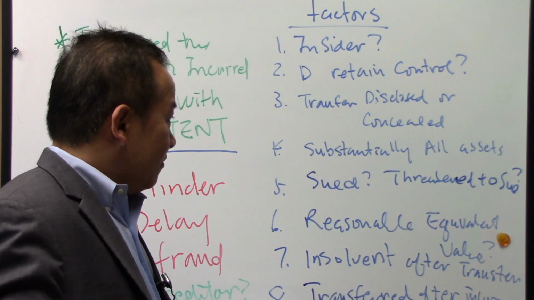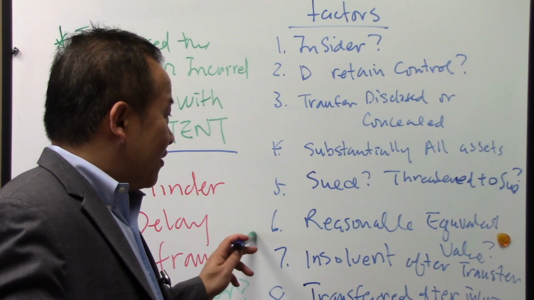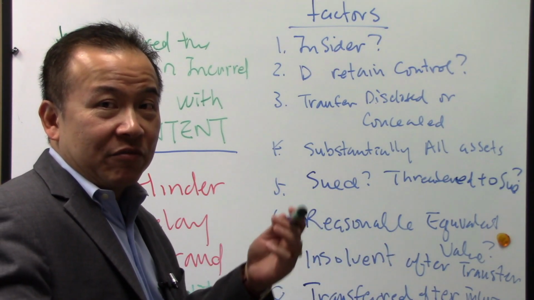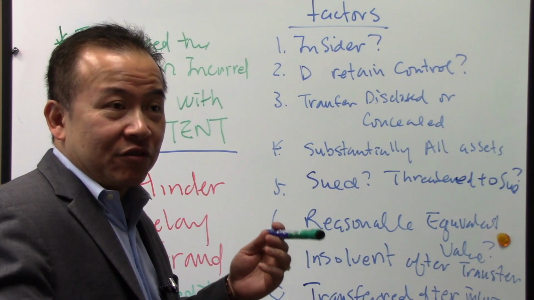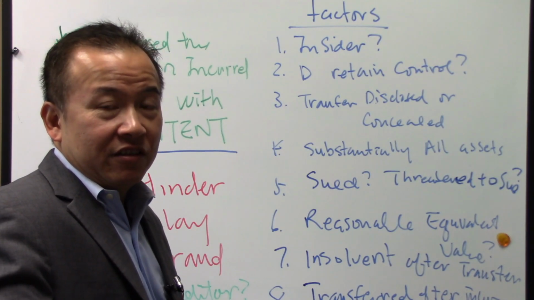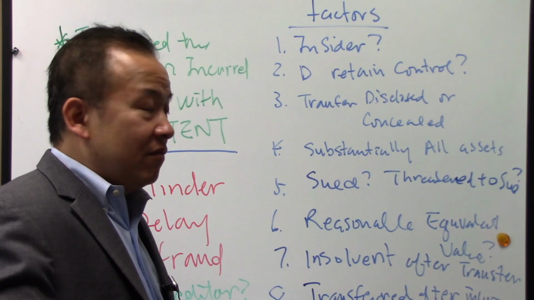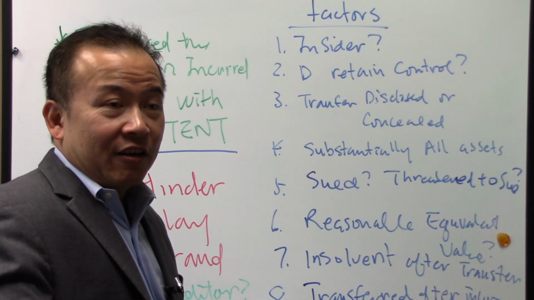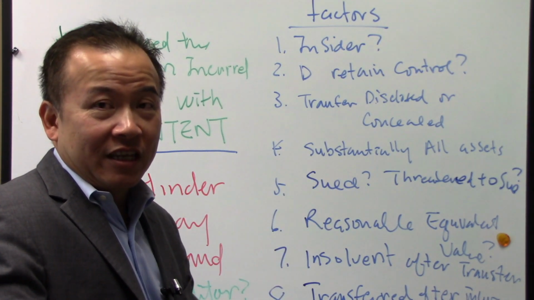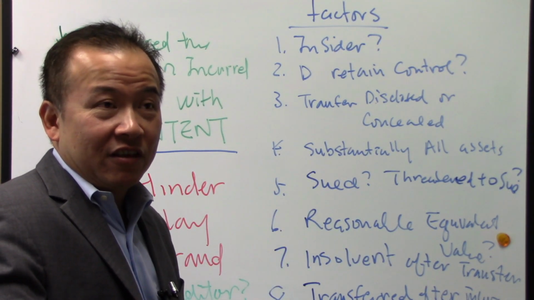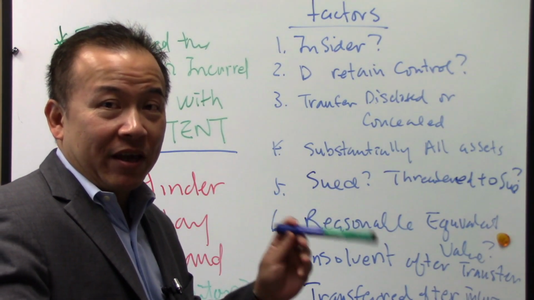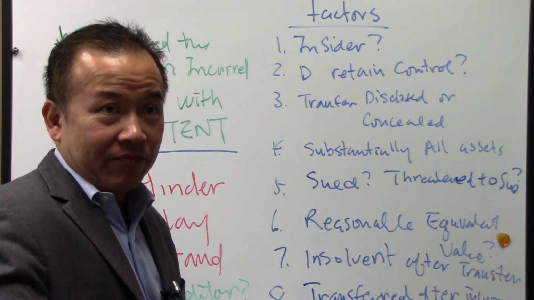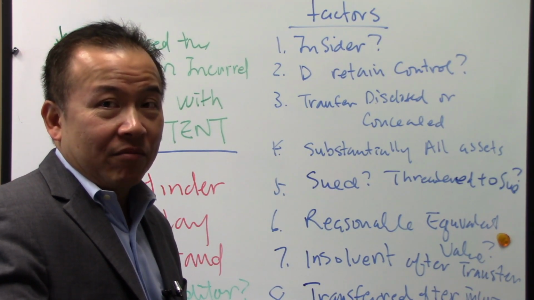Now, the next factor, this is a big one: whether or not the third party, the person that received the property, received an equivalent value. If I transfer the real estate property to party A, for example, and party A did not pay the debtor the fair market value of the property, potentially that is a problem.